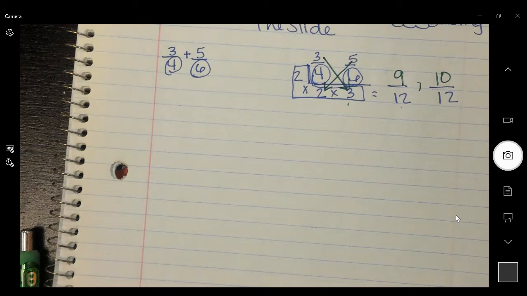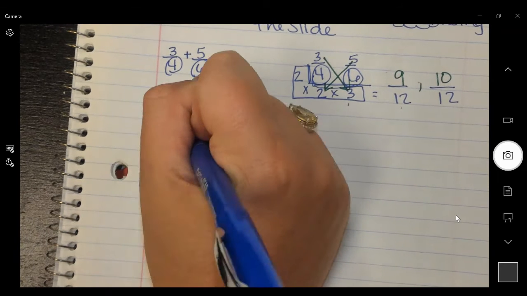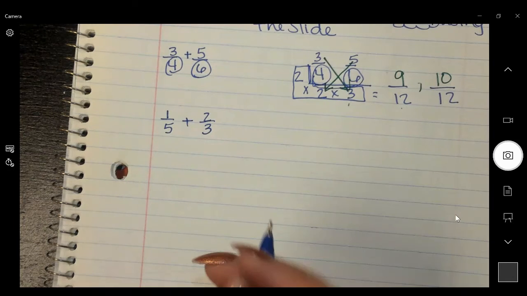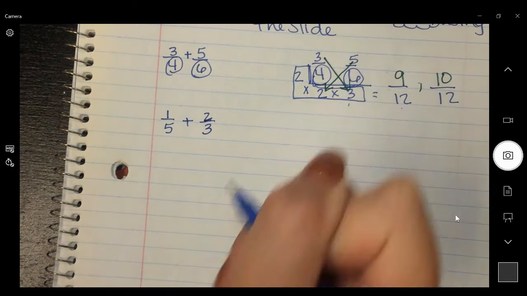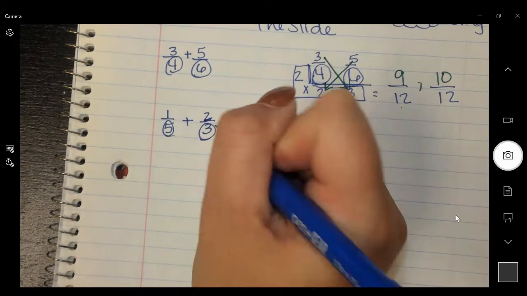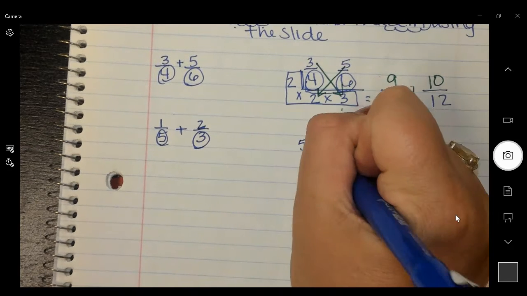All right? What if I have 1/5 plus 2/3? Are my denominators common? No. So those are what's going to go in the slide. 5 and 3.